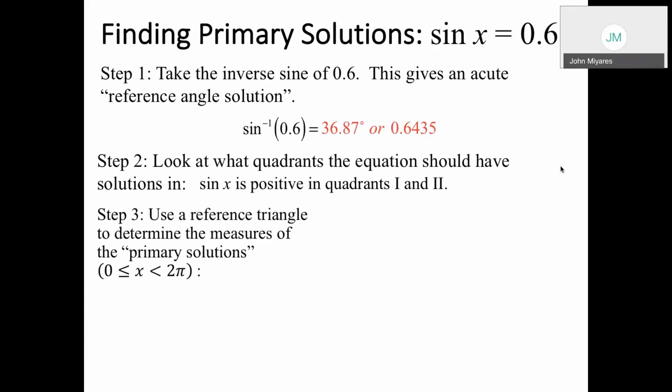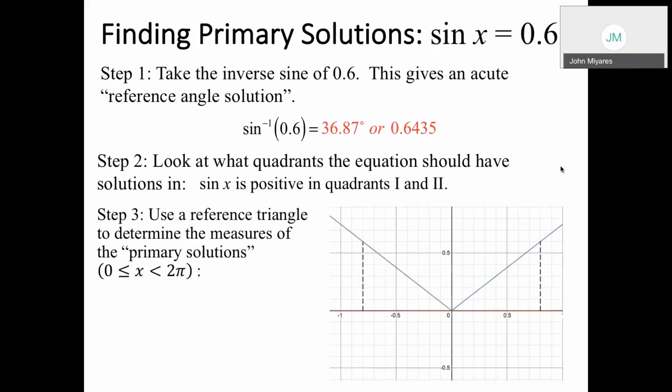Now let's construct our reference triangles. Our graph will look like this. I've got two angles, one in quadrant 1, one in quadrant 2, that are each 36.87 degrees or 0.6435 radians away from the nearest x-axis. In quadrant 1, the angle measure will just be the reference angle, 36.87 degrees or 0.6435 radians.